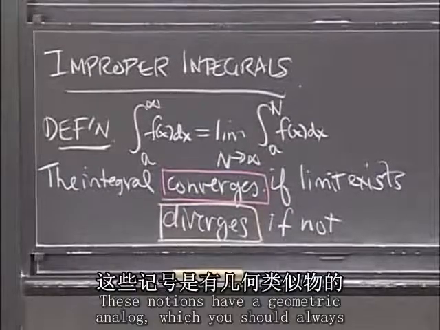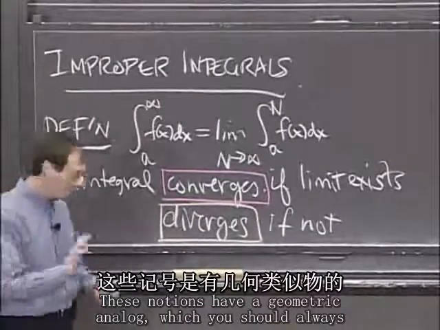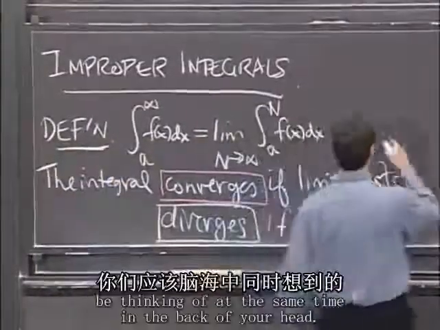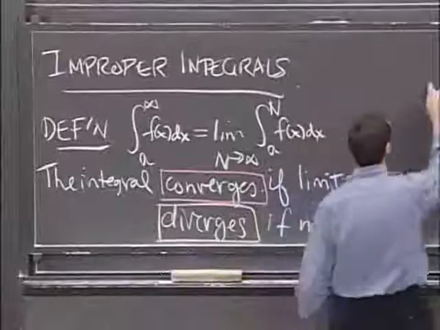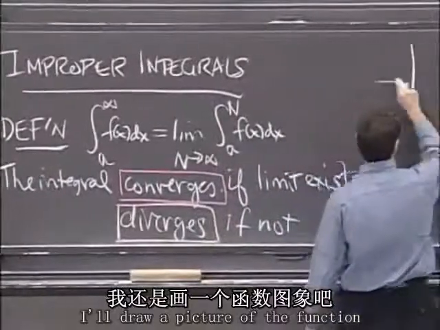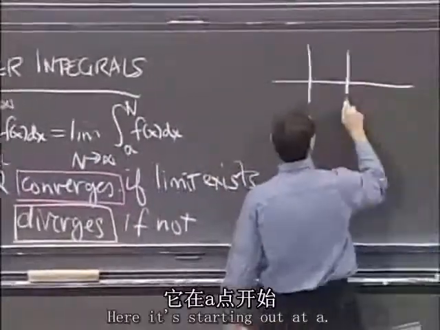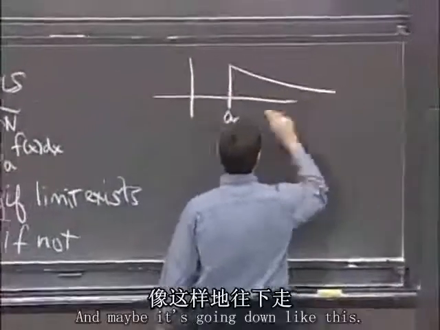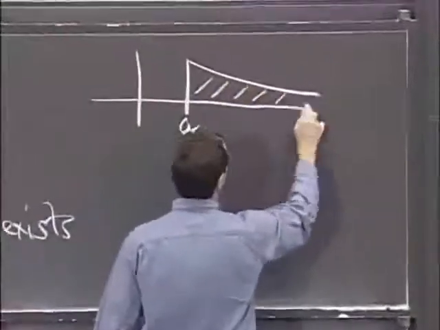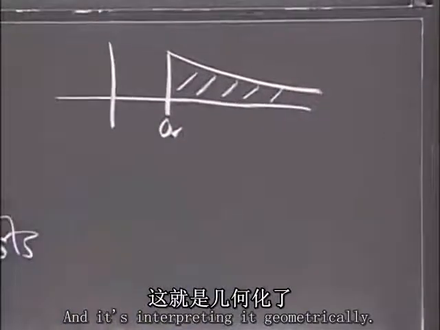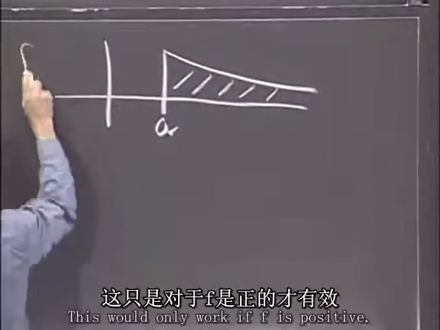These notions have a geometric analog, which you should always be thinking of at the same time in the back of your head. I'll draw a picture of the function. Here it's starting out at a, and maybe it's going down like this, and we're interpreting it geometrically. This would only work if f is positive.